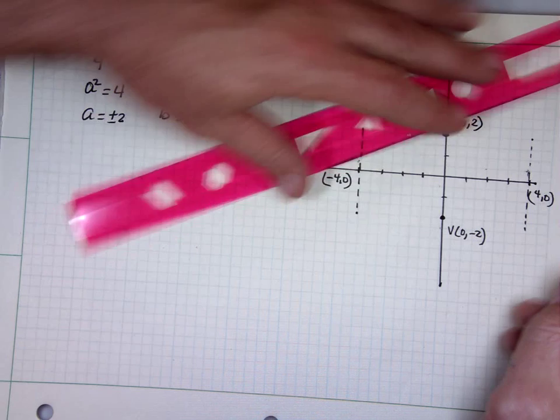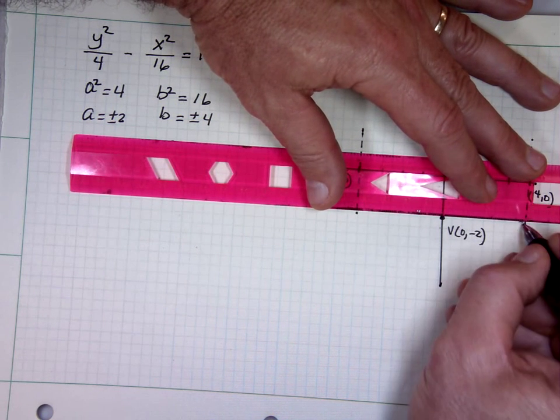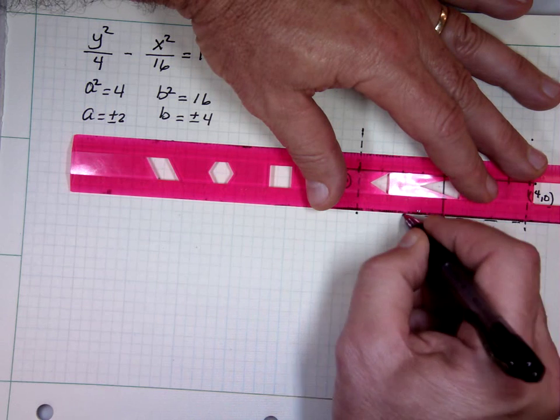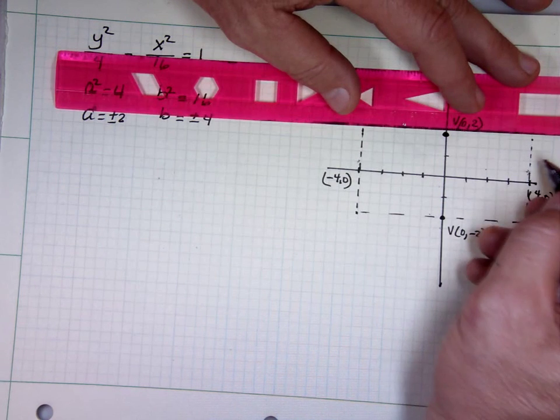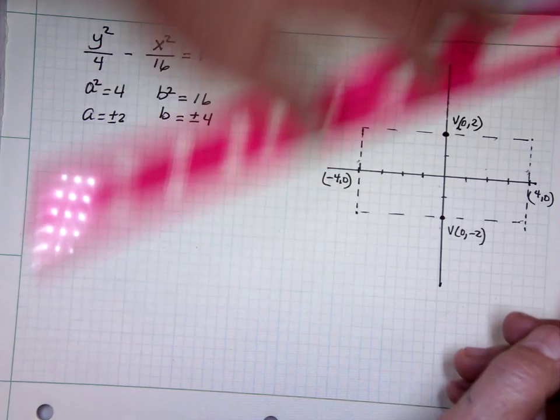And now let me connect the points. You don't have to use a straight edge, but I like them to look nice. So I'm going to make the box.